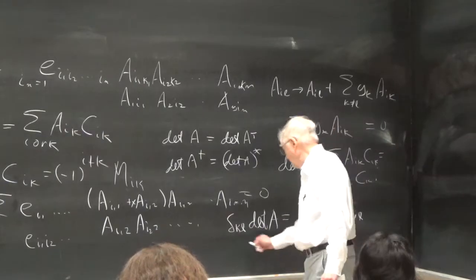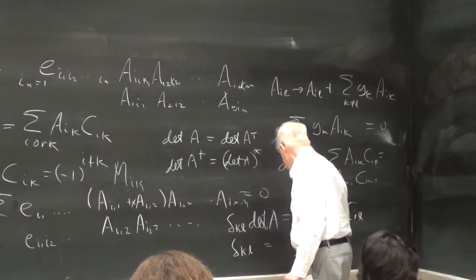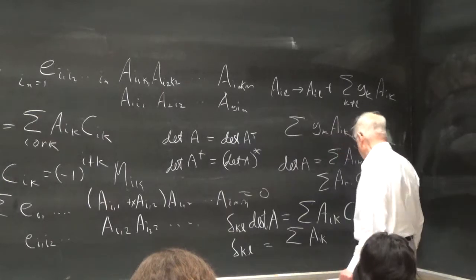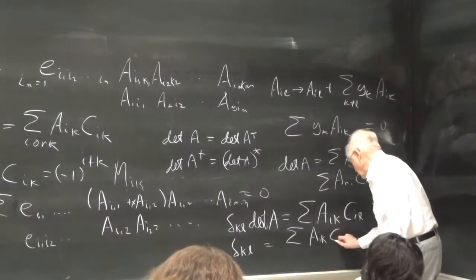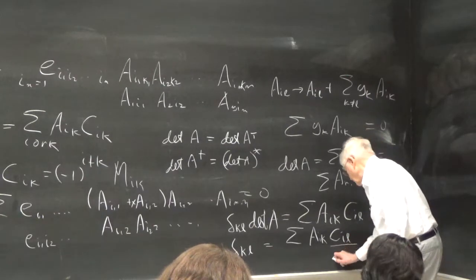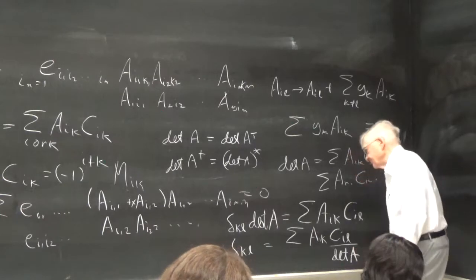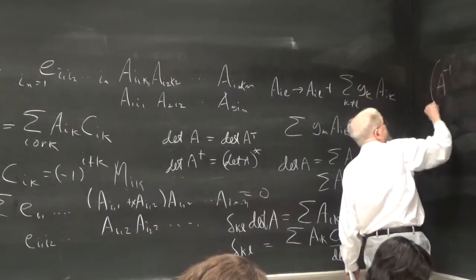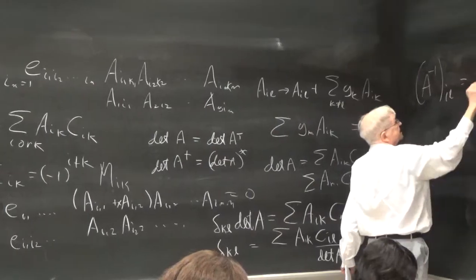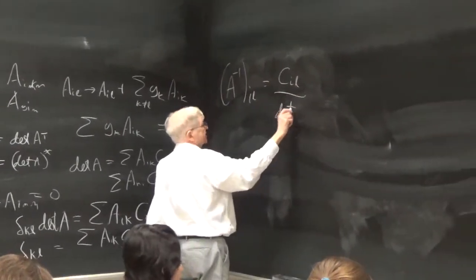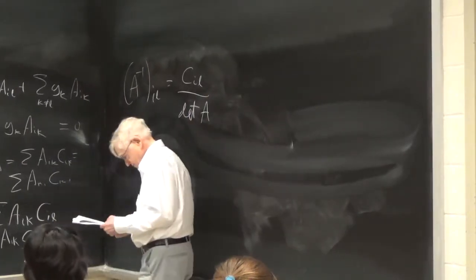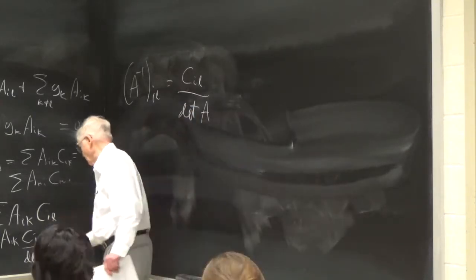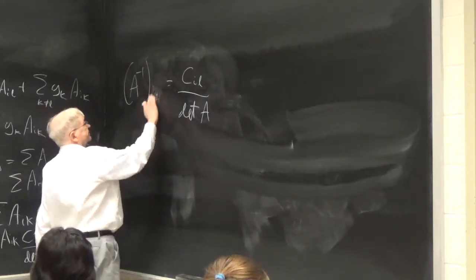Namely, if you divide both sides by the determinant, we have delta_kl is equal to a sum a_ik c_il over determinant of A. So that means that the inverse matrix, A inverse il, is c_il over determinant of A. And somehow I screwed up, yes, this is the transpose. So this is really li.